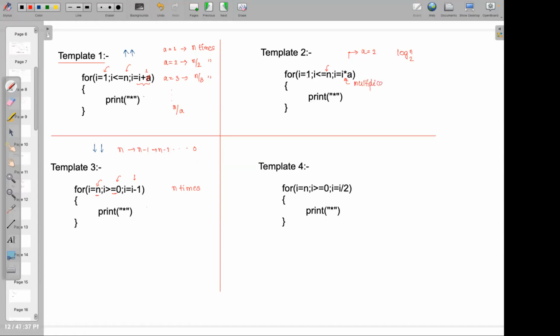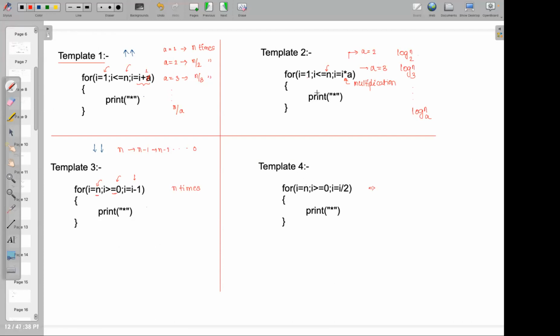So if it is multiplication, then this is log n base 2. What if A is equal to 3? Then can I write this as log n base 3? Yes. In general, it is log n base A. Now tell me how many times this loop is running?